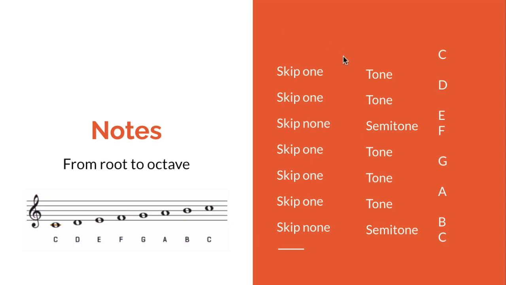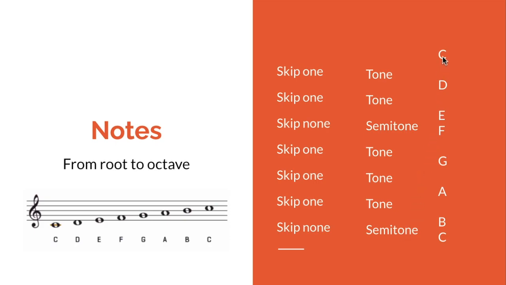Back on my slide, you'll notice I've written another method of remembering the stepping pattern for a major scale over here. So here are my notes that comprise my major scale. Here is my stepping pattern. I play the first note, and then I play a tone, tone, a semitone, then I play a tone, a tone, a tone, and then a semitone, and that helps me remember what the notes of my major scale are, or what the stepping pattern of my major scale is.